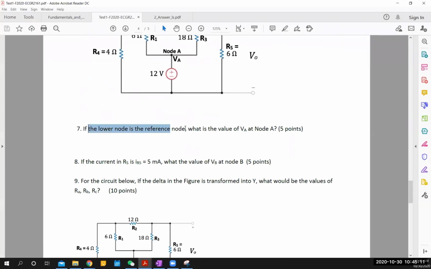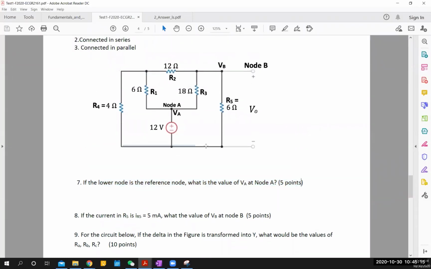If the lower node is the reference node, what is the value of VA at node A? So if this node is the reference node, then reference node voltage is 0, right? And what is the value of VA? There is only one element in between these two nodes. So node A minus reference node is equal to this branch voltage.